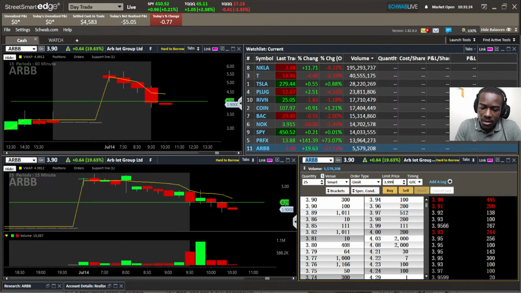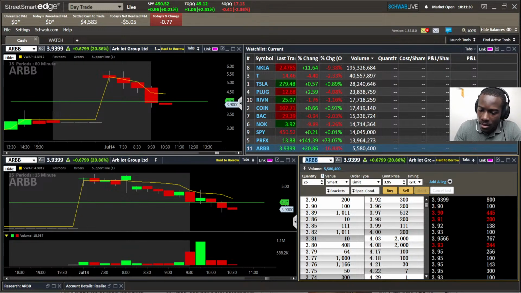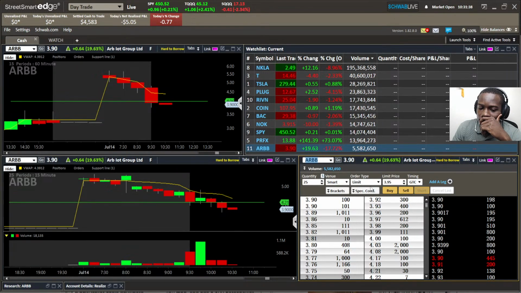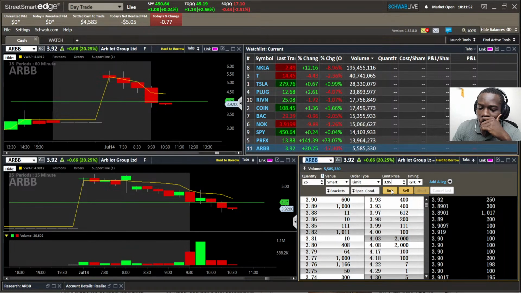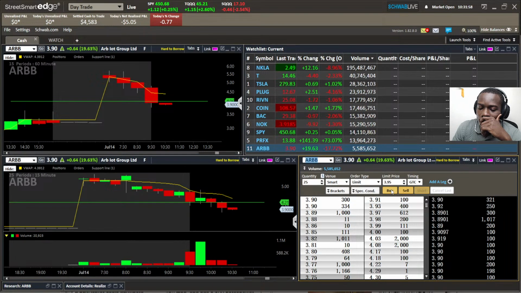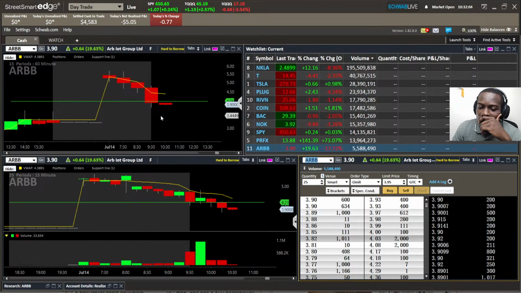So let's see. 390s getting hit here. This thing hasn't given a green candle this whole time though.